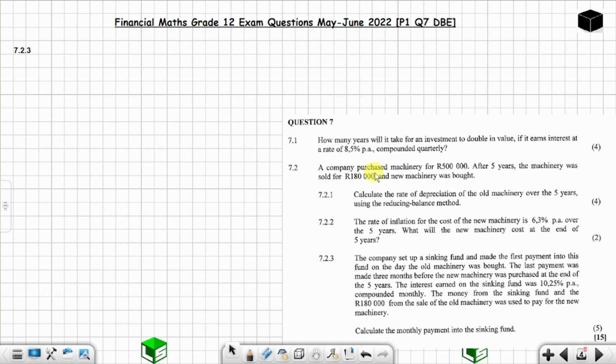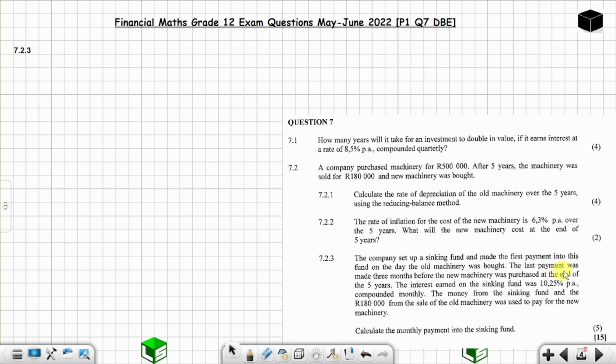A company purchased machinery for 500,000 rand. After 5 years, the machinery was sold for 180,000 rand and the new machinery was bought. 7.2.3. The company set up a sinking fund and made the first payment into this fund on the day the old machinery was bought.